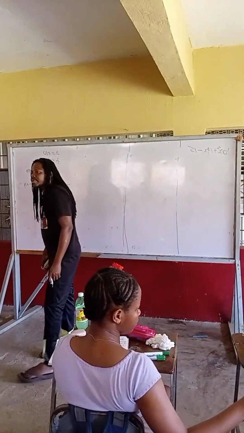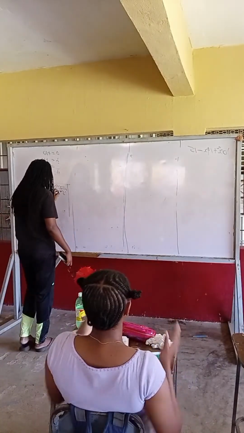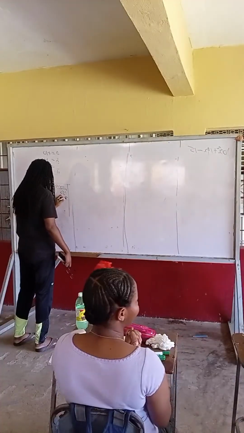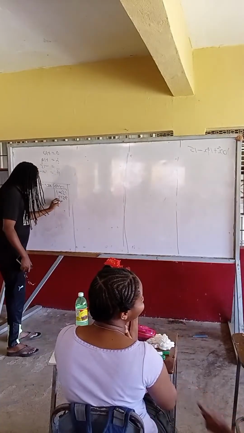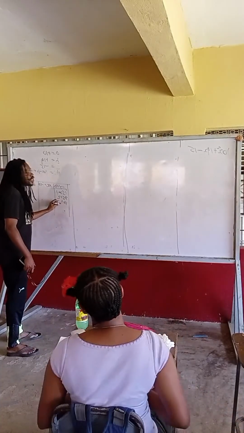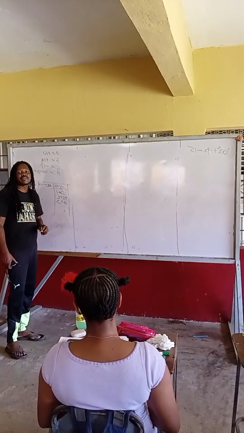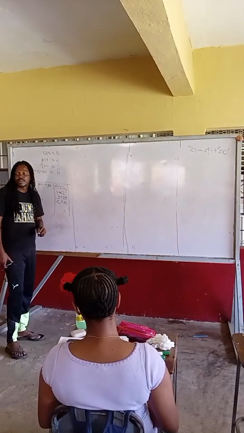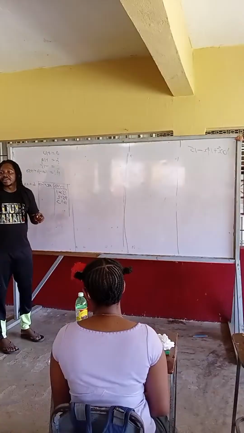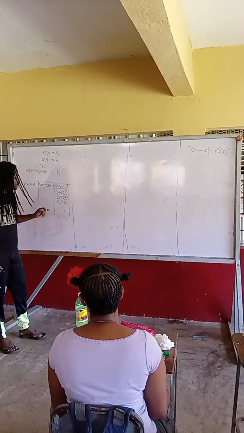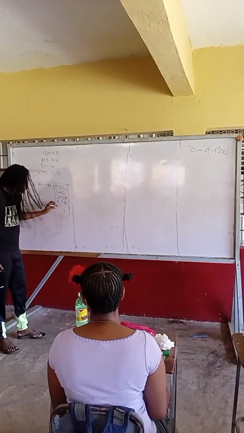150. Well, I can't know the number. 150 times 1. 25 times 6. 75 times 2. 50 times 3. 4 into 15 at 12. So no 4. What we want again? 5 times 30.